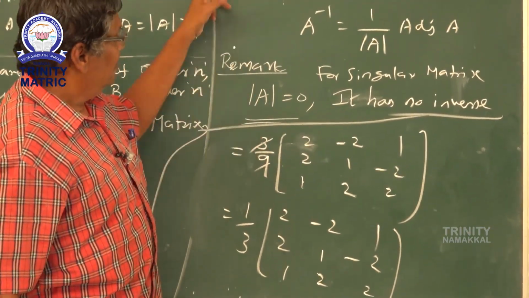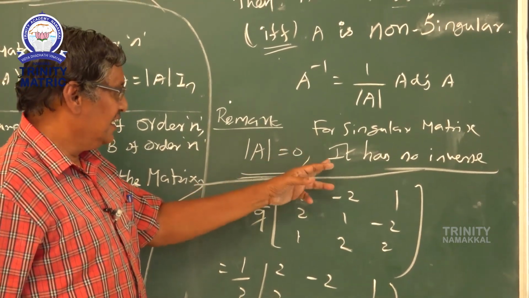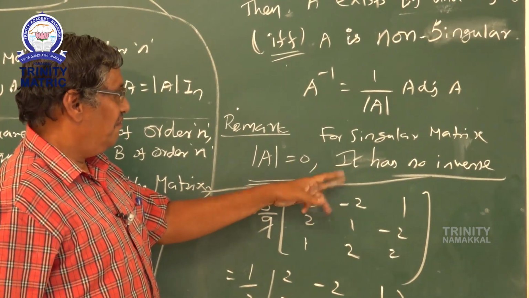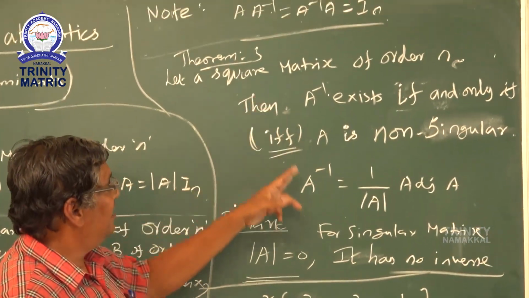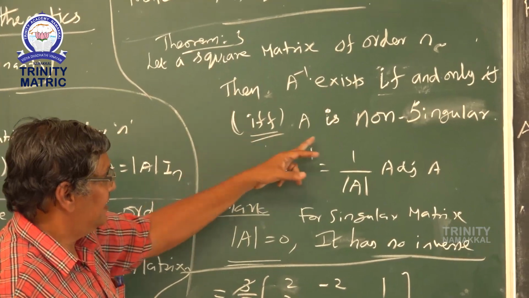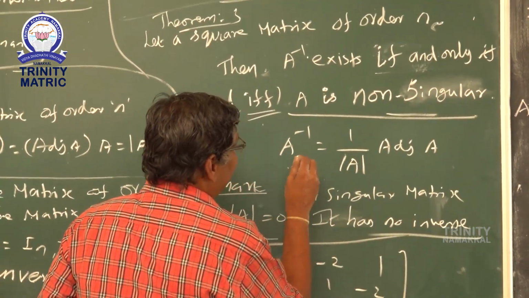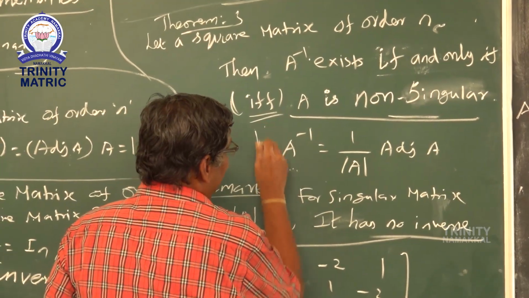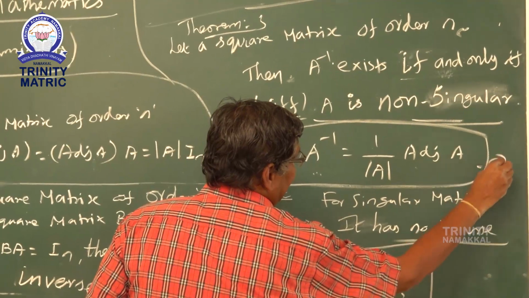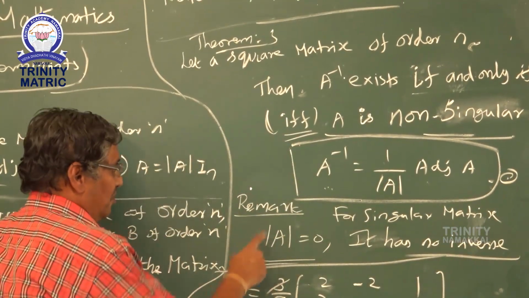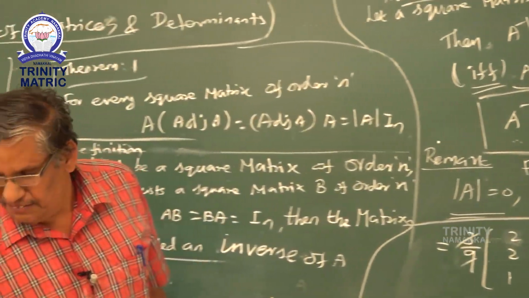Kindly note that. The inverse exists only when determinant A is not equal to 0, that is, a non-singular matrix. That is very important. When A is non-singular, only then A inverse exists. A inverse is nothing but 1 by determinant of A into adj A. Very important point. Now I am going to teach one or two sums regarding that inverse.